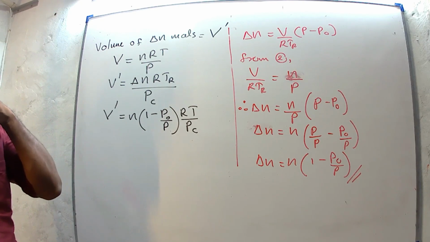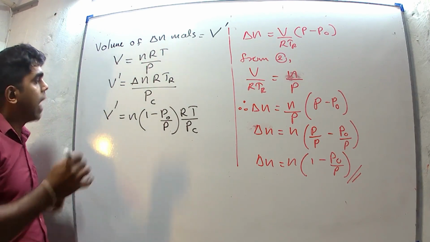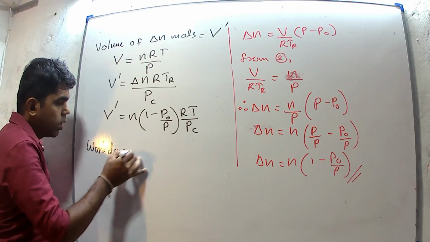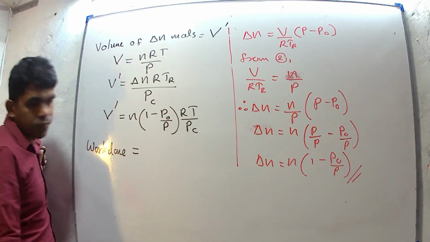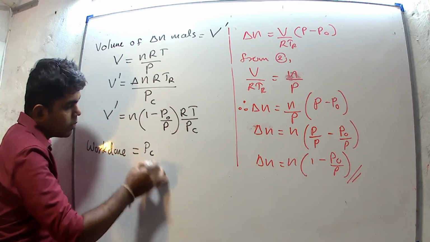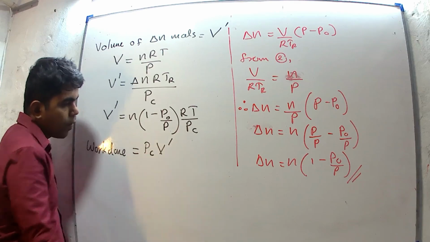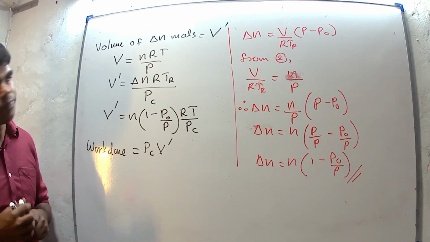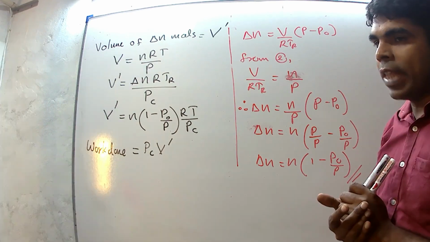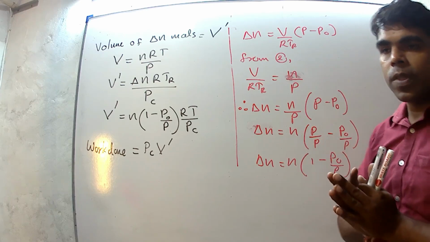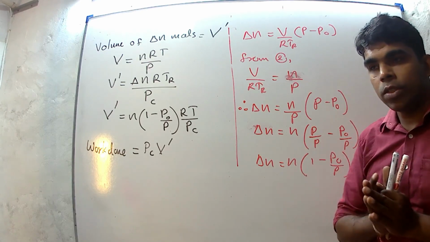Now we can write work done equals to pressure of gas container into V dash. PV product is the work done. We know that nitrogen gas flows from tank into tire through the valve.